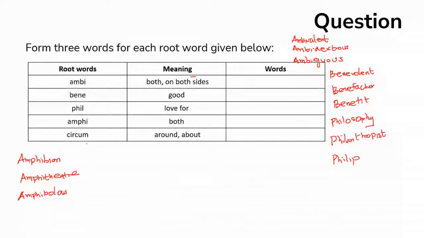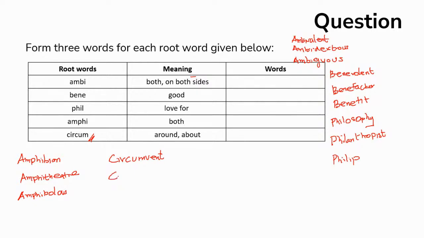And the last root word is circum. With that root word, the words which we can form are like circumvent. So circumvent means to go around something.